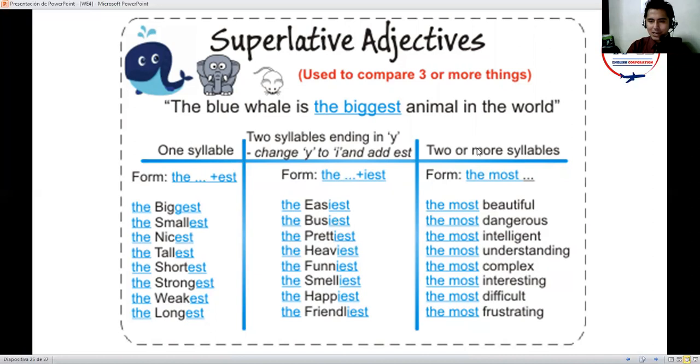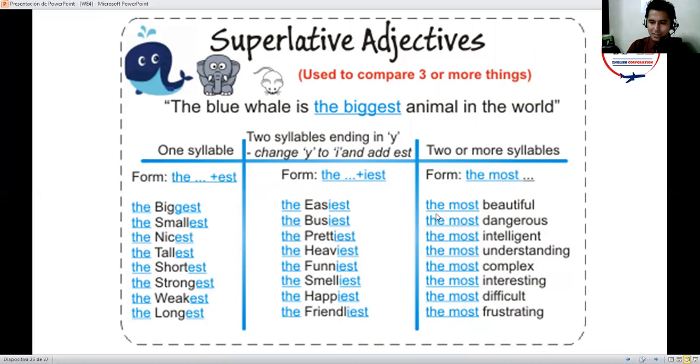And finally, here we have the third rule: two or more syllables. In the case of two or more syllables, what do we use? We don't add est, but we are going to use the words the most. For example, listen and repeat.